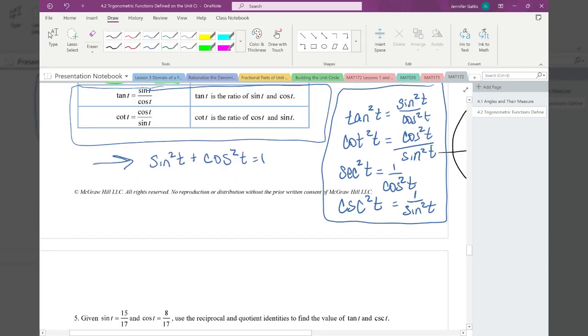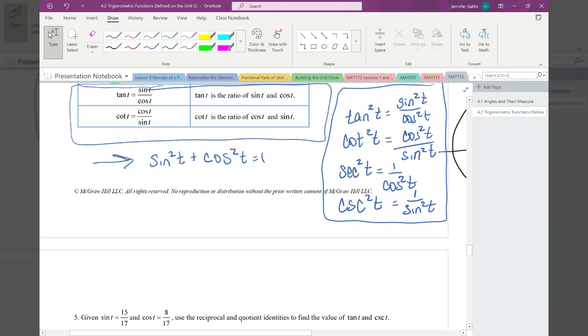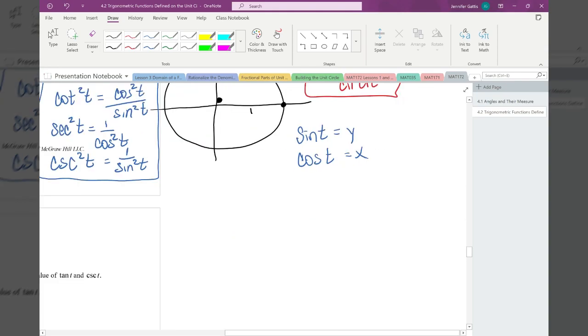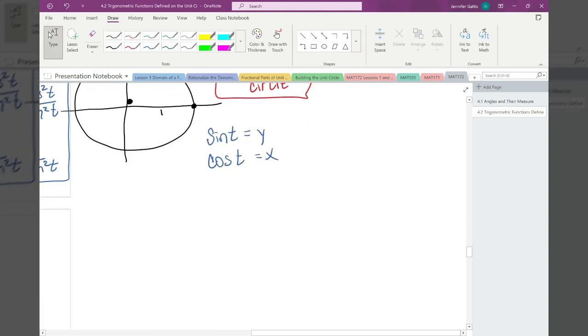All right. So what this should look like, I'm going to come off to the side here. We're starting out with sine squared plus cosine squared is equal to 1. Well, what if I multiplied this whole thing by 1 over cosine squared?